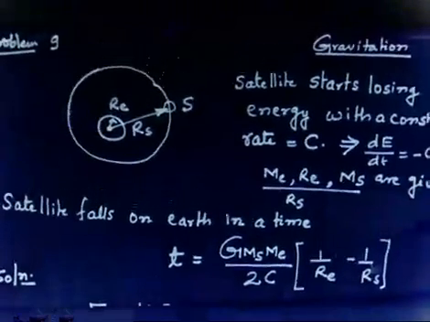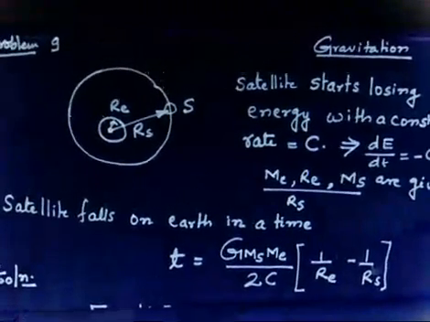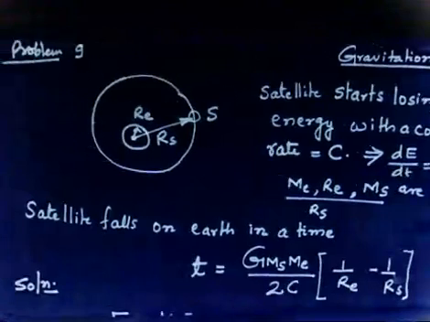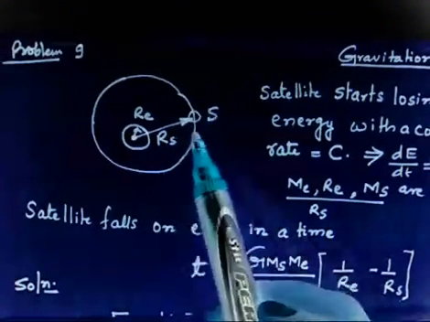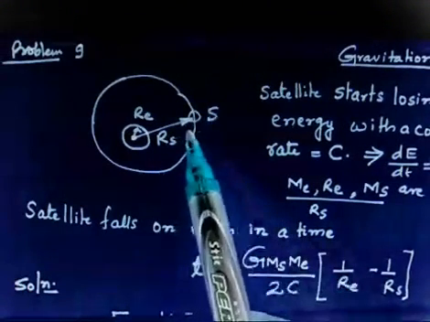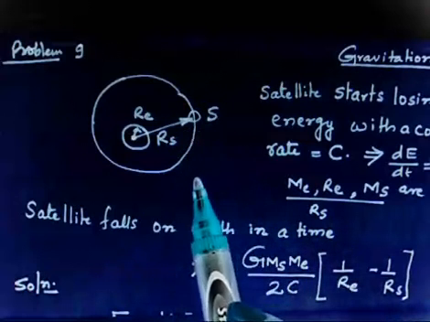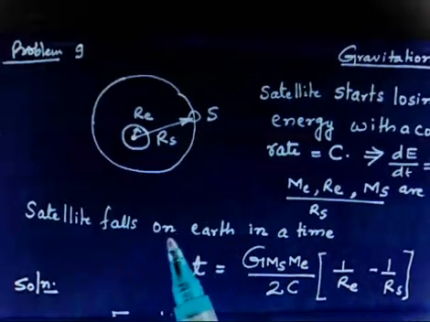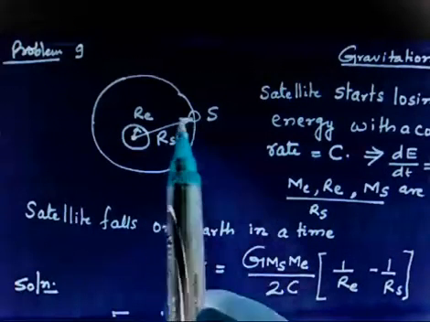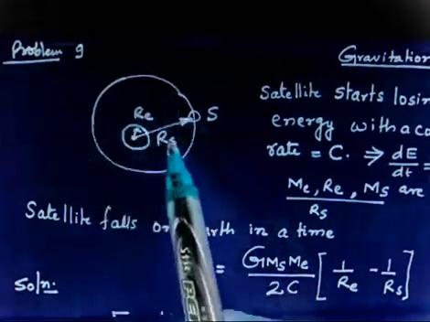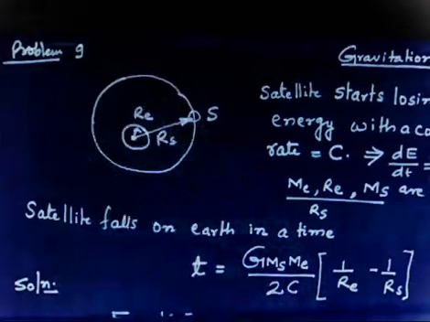What is the motion of the satellite? If energy is lost, use the expression for the total energy of the satellite, and you can find that it will move in a spiral path. Prove that yourself.